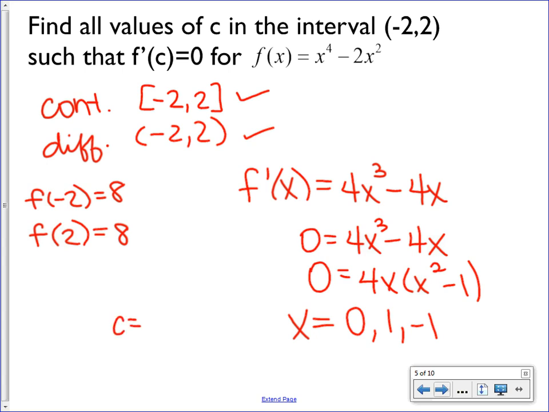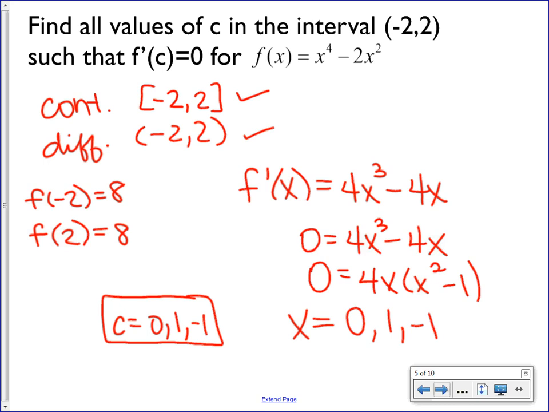So in our interval, we have 0, 1, and -1. Only give the c values that you get that are actually in your interval.